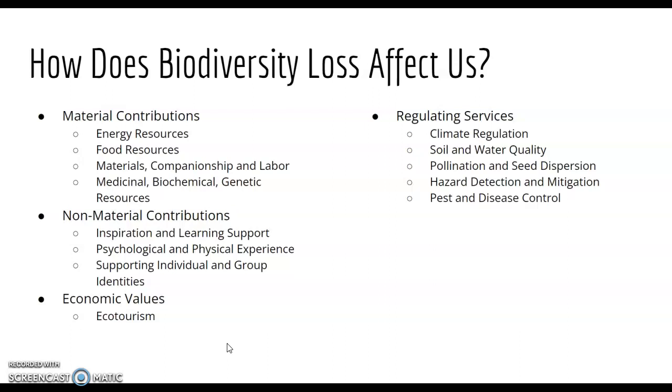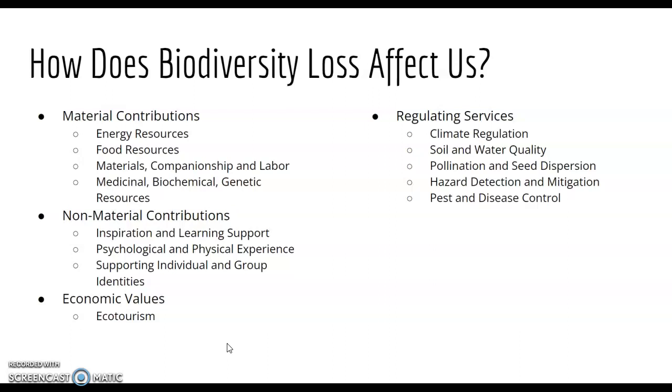Materials, companionship, and labor can include clothes, decor, and jobs and things like that. And lastly, medicinal, biochemical, and genetic resources include like plants and fungi and crops and things like that that we can use. Some non-material contributions would include inspiration and learning support.